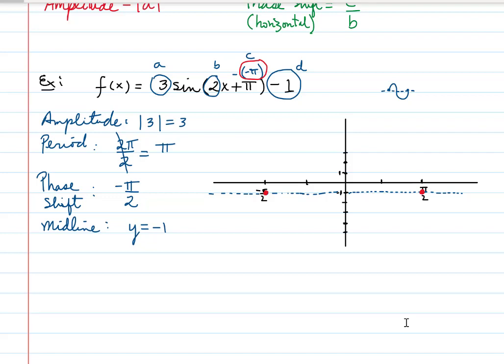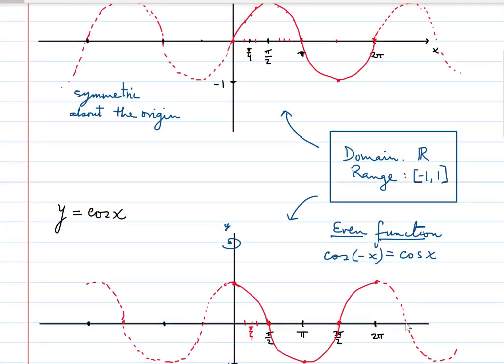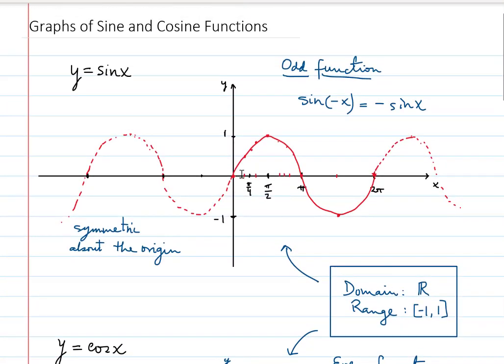Now, once you have your starting point and your ending point, recall, let's go back for a second to our original function, y equals sine x. Remember how they're all going to look the same. The period was 2 pi, 0 to 2 pi right here.